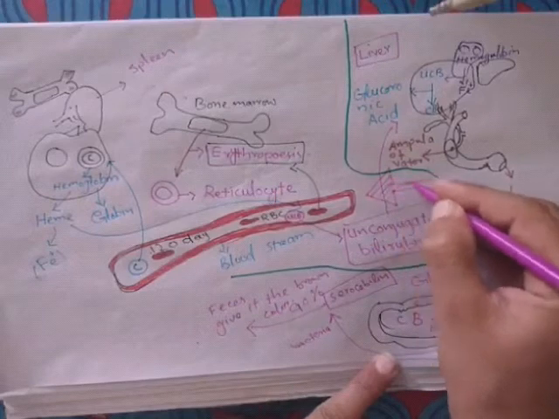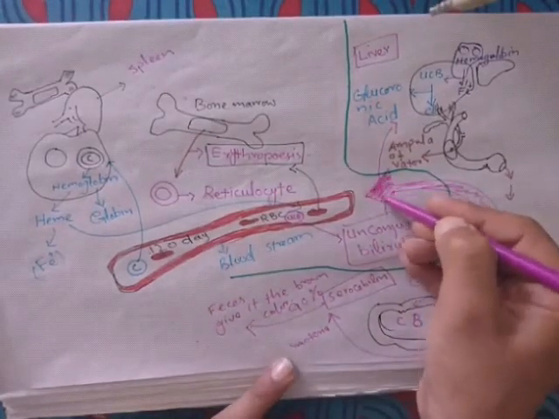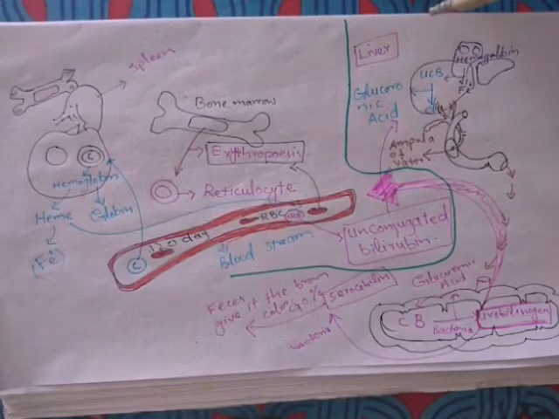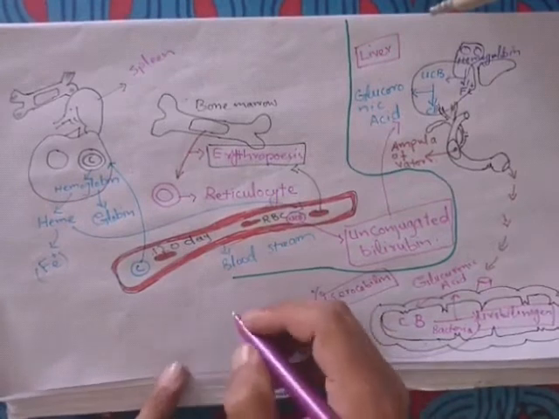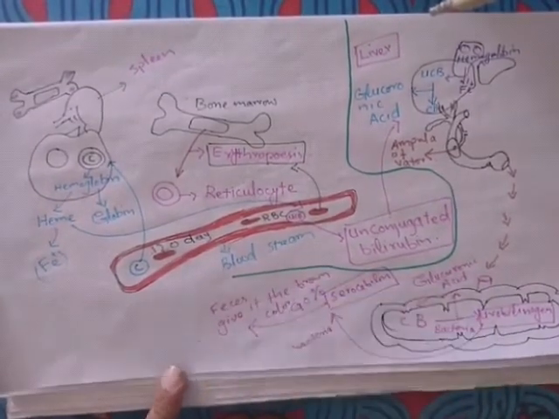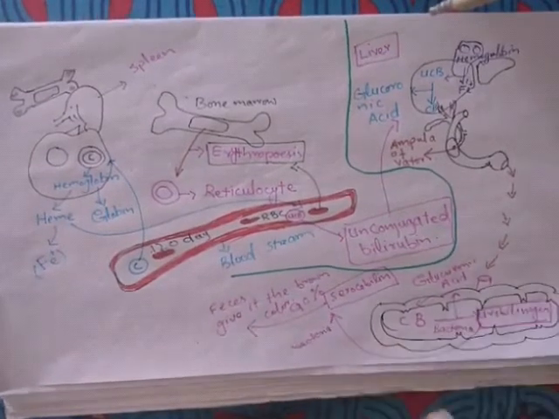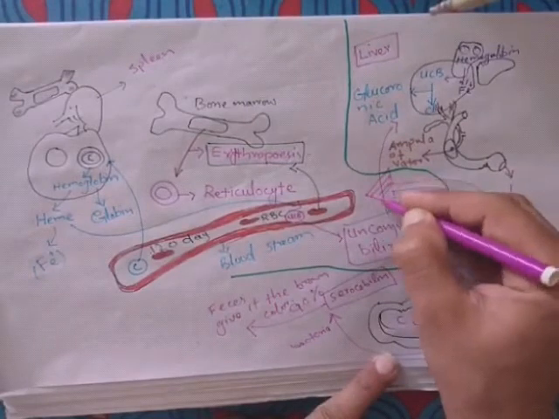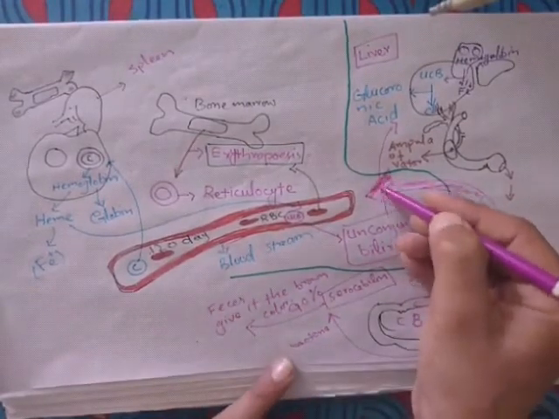Urobilinogen is once again lipid soluble. About 10 to 15% of urobilinogen is absorbed by the blood and bound to albumin. The remaining 85 to 90% of urobilinogen is quickly oxidized by other intestinal bacteria to form stercobilin. So this was the conjugated and unconjugated bilirubin.